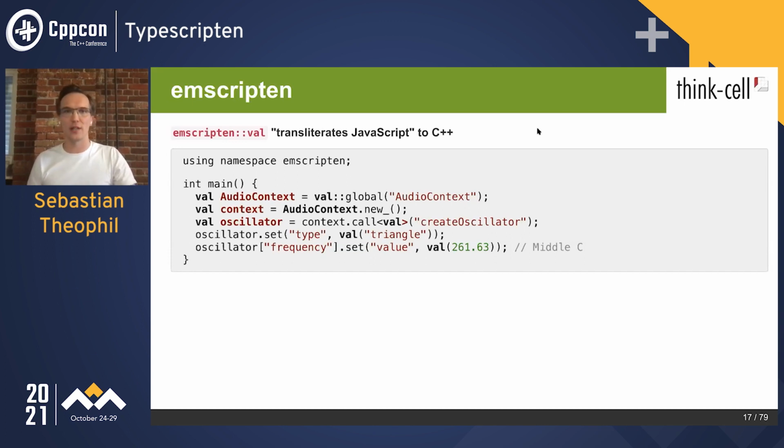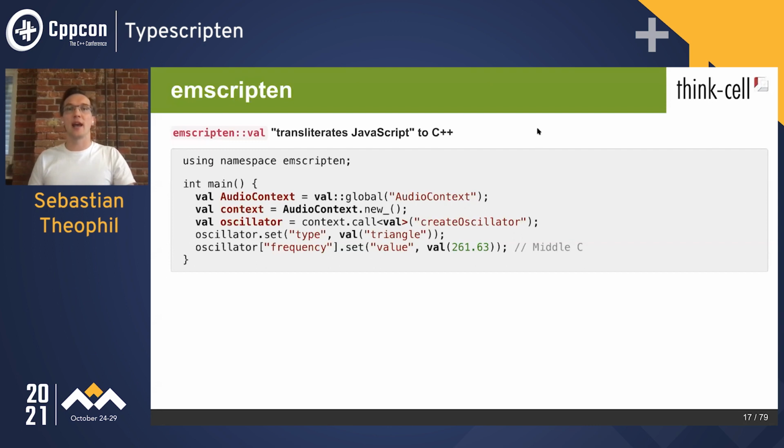Then we call the createOscillator function. All these things exist in the JavaScript world. And then we set the type property on the oscillator to triangular, and then the frequency to something which is hopefully middle C. Okay, so that's relatively convenient. It's a literal translation almost from JavaScript to C++.